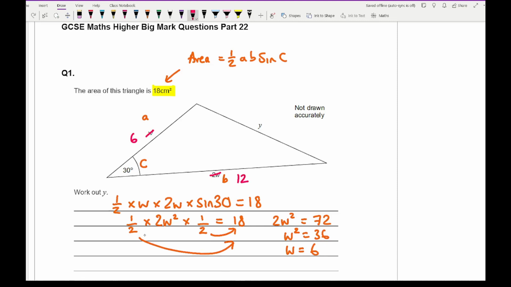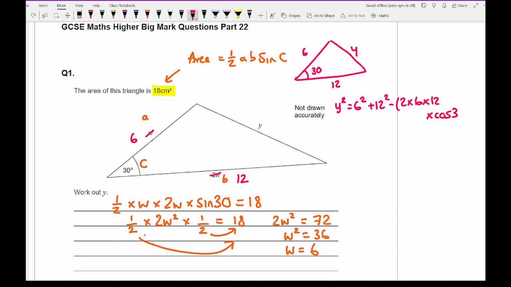So now looking at the triangle, let me just do a little sketch of that triangle again. So here's y, that's 6, that's 12, and this is 30 degrees. So from this, what we can then do is use the cosine rule. So I've got y squared equals 6 squared plus 12 squared minus 2 times 6 times 12 times cos 30.